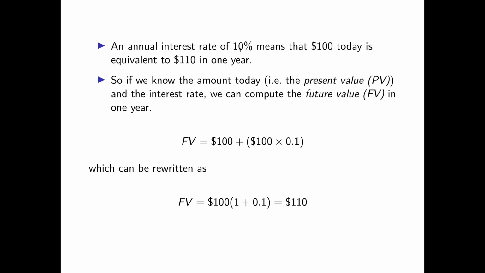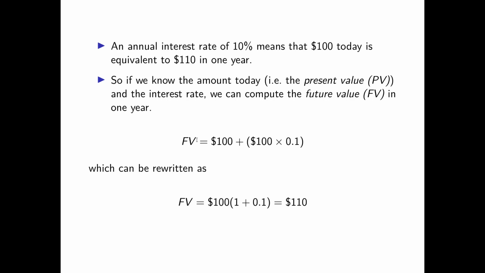Okay, so that annual rate of 10% means that $100 today is equivalent to $110 in 1 year because of this interest rate. So if we know the amount today, and that's the present value, and if we also know the interest rate, we can use these two values to calculate the future value.